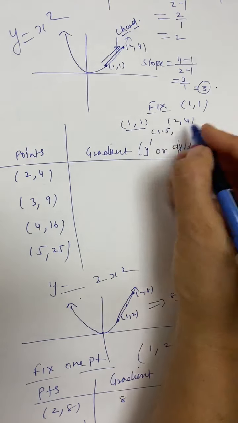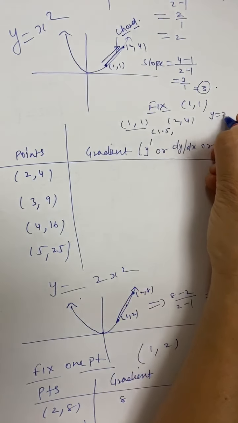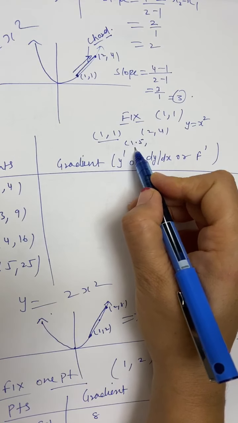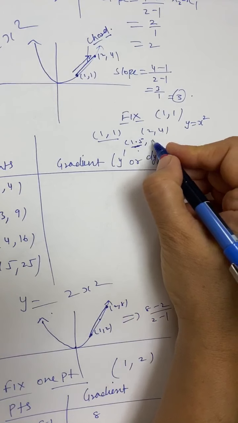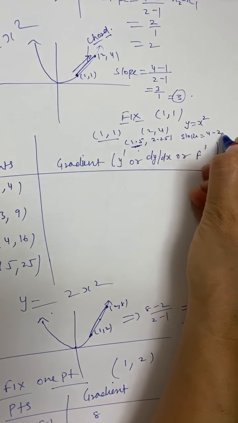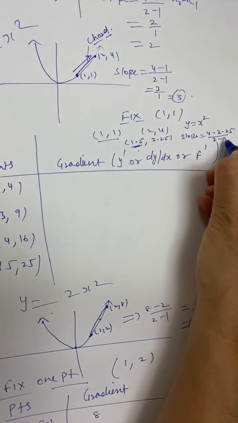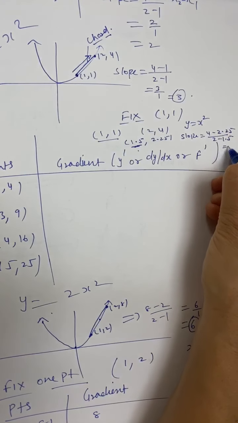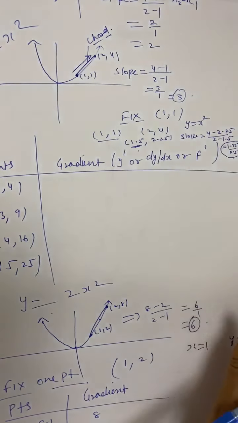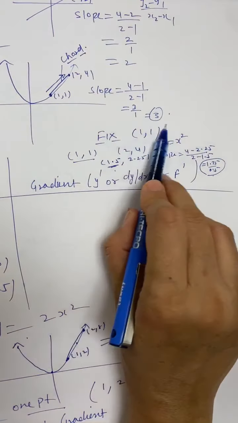Because y = x² is our equation, if x is equal to 1.5, then y is 2.25, and then you can find the slope again. So 4 minus 2.25 divided by 2 minus 1.5, so you can find that 1.75 over 0.5, and then the value which you get here is going to be bigger than 3.